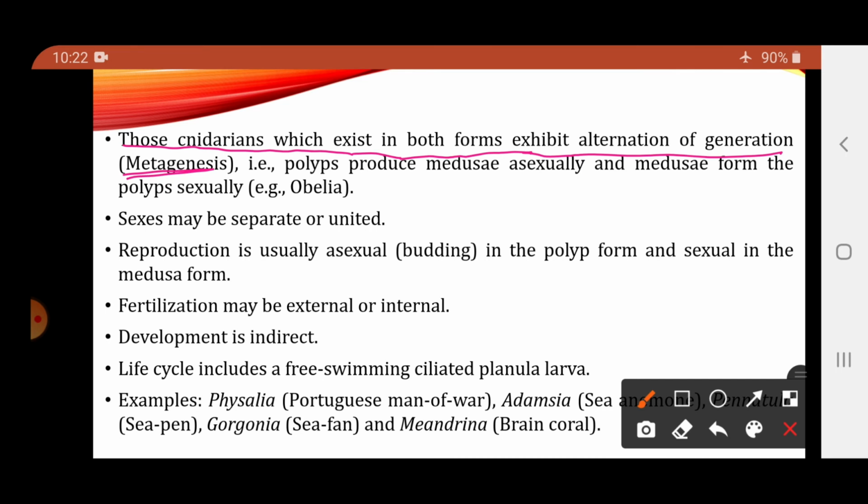So there are certain cnidarians like Obelia where both forms are seen, but in such cases they exhibit alternation of generation, that is, polyps will form the medusa by asexual reproduction.